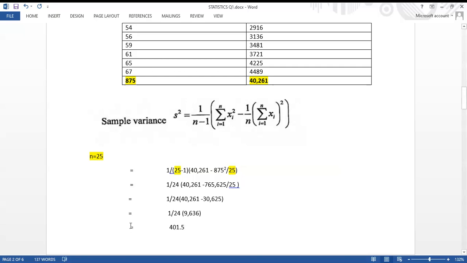That's our variance, right? That is our variance.